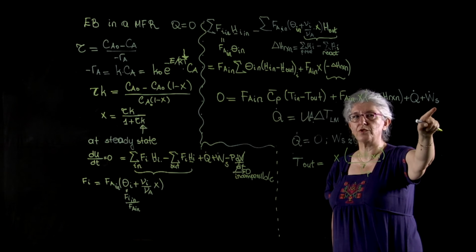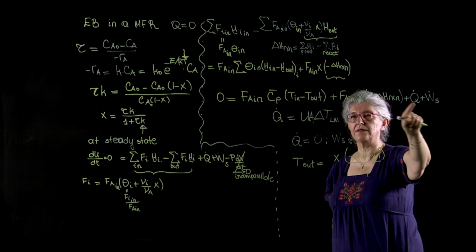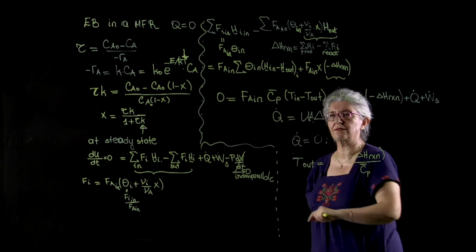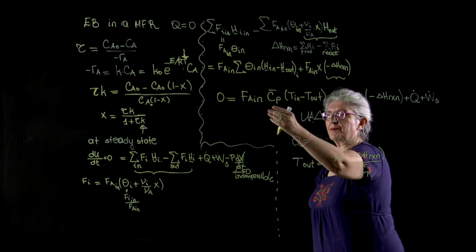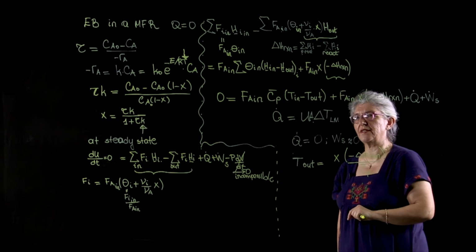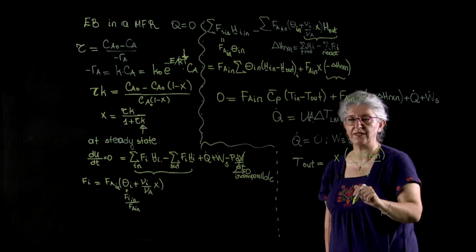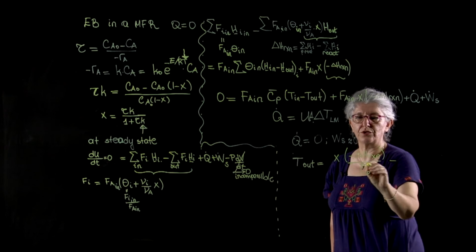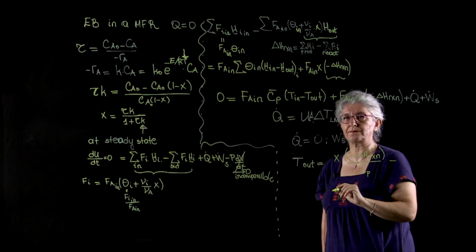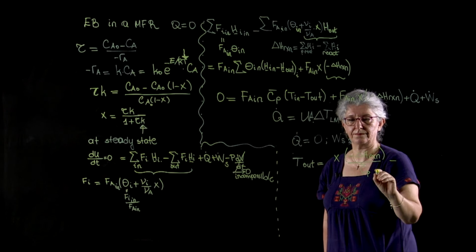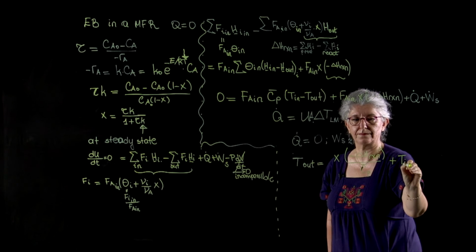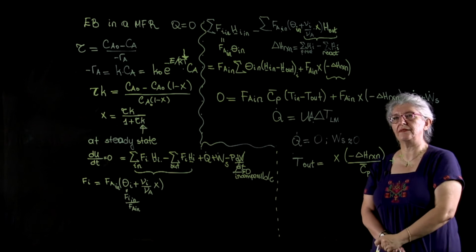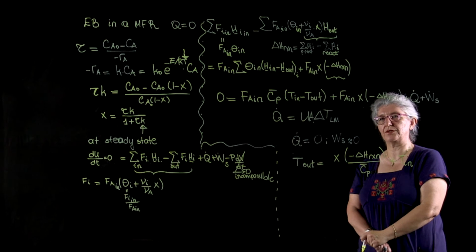When heat and shaft work terms are cancelled, Fa in terms cancel one another, and the temperatures are transferred to the left side of the equation and change sign. Of course, this is going to have an inlet temperature as well.